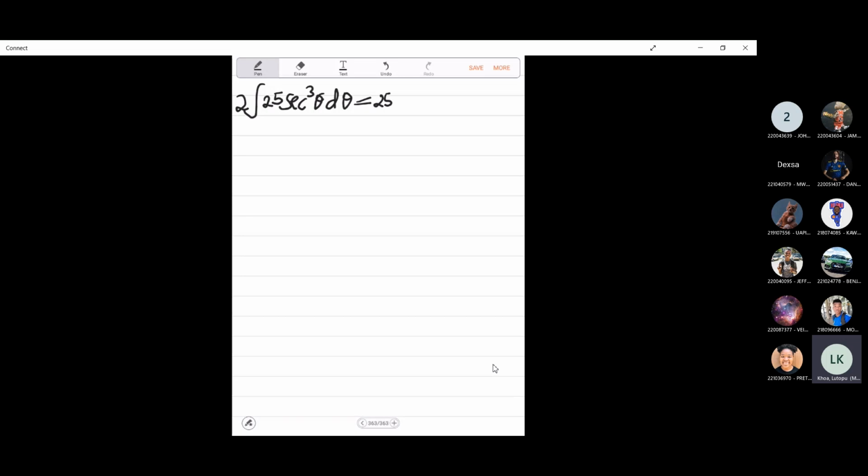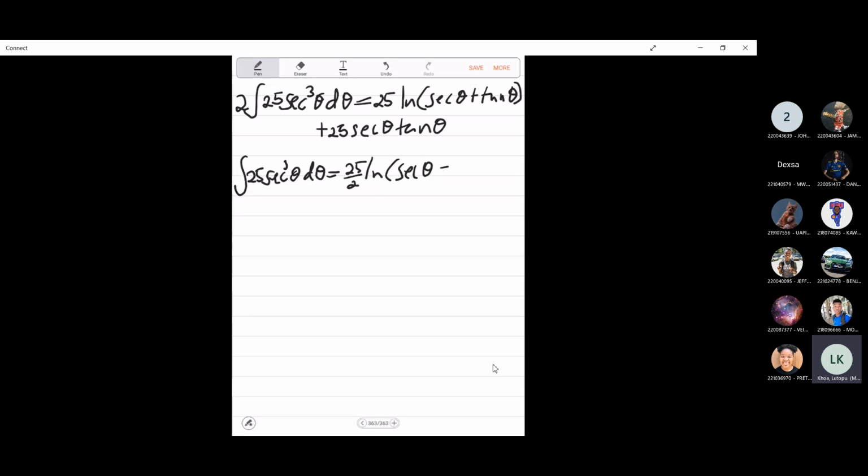So the integral of 25 sec cubed theta d theta is 25 over 2 ln sec theta plus tan theta plus 25 over 2 sec theta tan theta plus our constant.